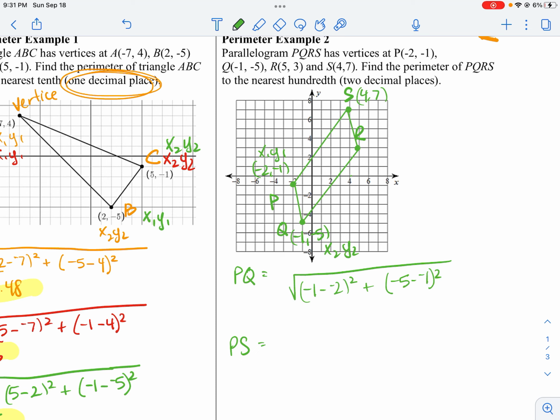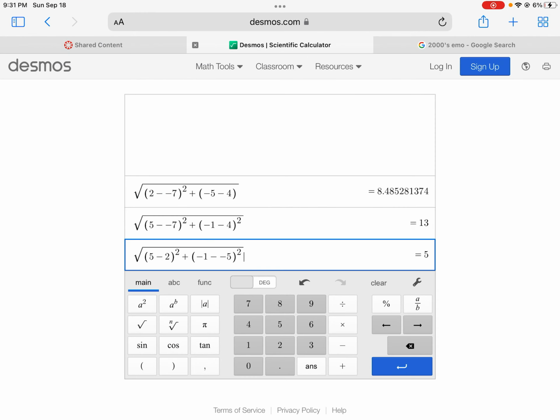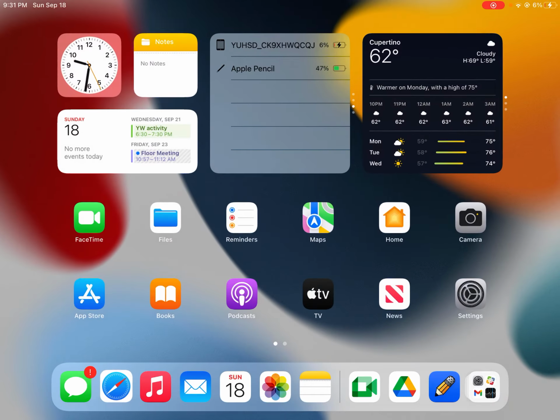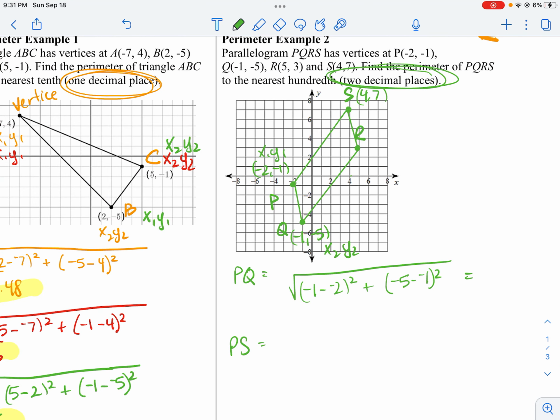That's 1 plus 9, the square root of 10. Let's go back to Desmos. It's the square root of 10. It's 3.16. Now notice that this question says 2 decimal places. So this was 3.16.